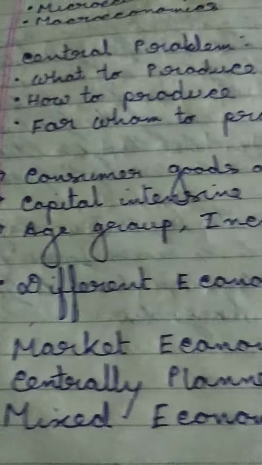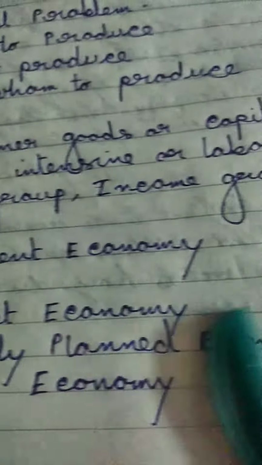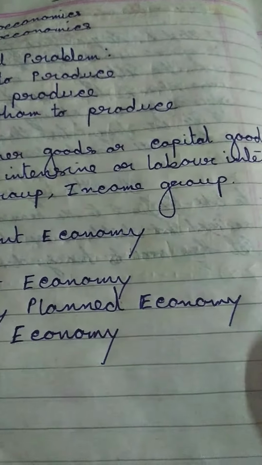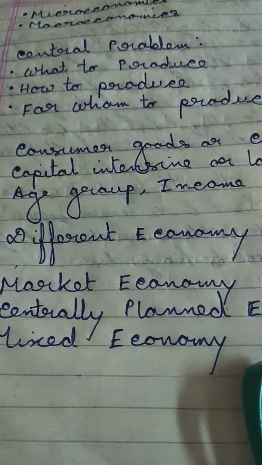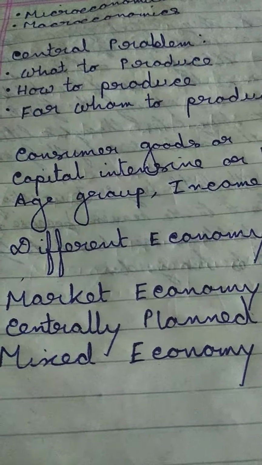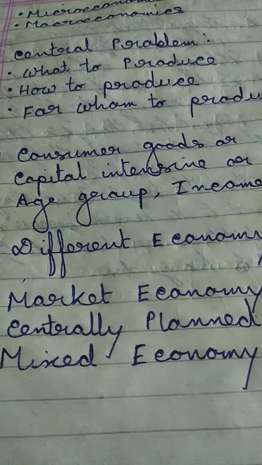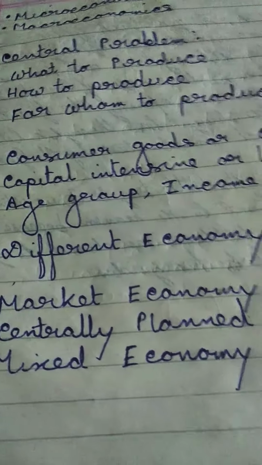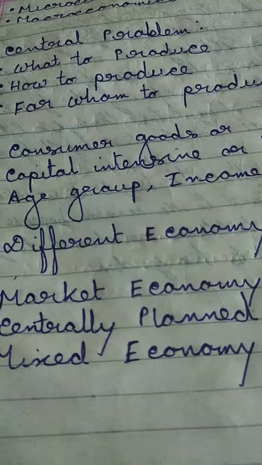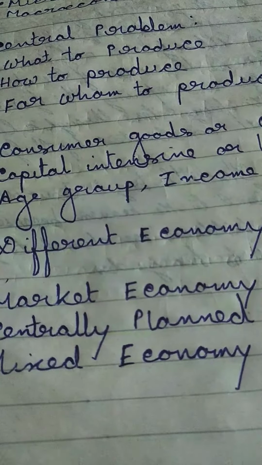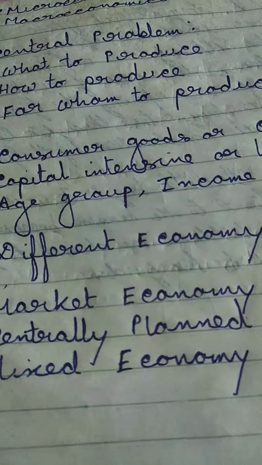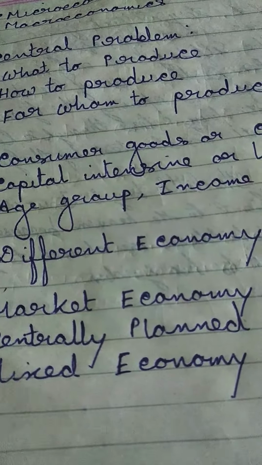Now there are three different economies. First one is market economy, second one is centrally planned economy, and third one is mixed economy. So come to the first one, which is called market economy. Market economy means all are free. Obviously not all goods are free, but all the decisions have to go through various types of market mechanism.